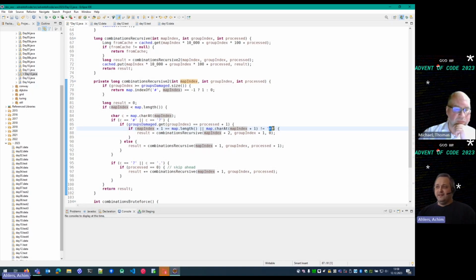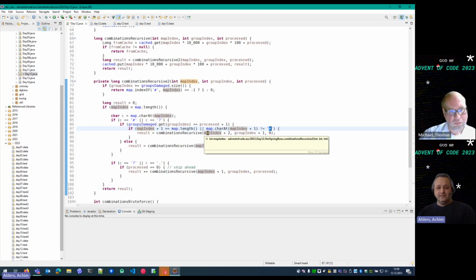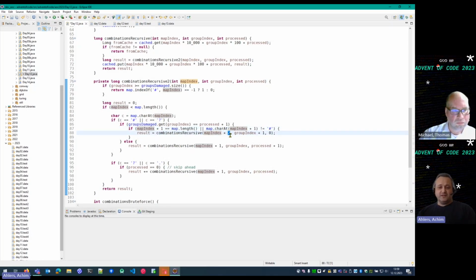The other thing is, if we're really completing this group, then the next field cannot be a defective hot spring. It is either a known working hot spring or an unknown, which must then be a working one. So in that case, we jump ahead 2 fields to skip that one and continue one further with the next group.